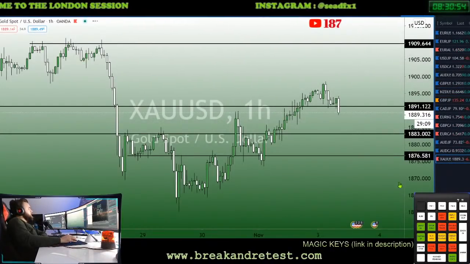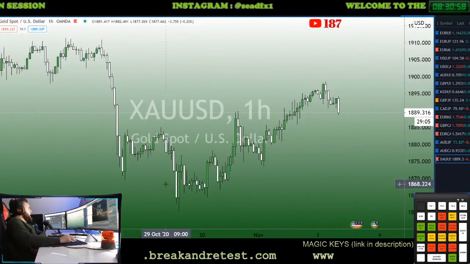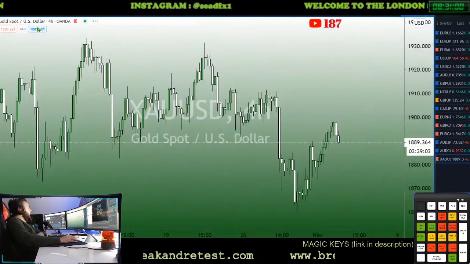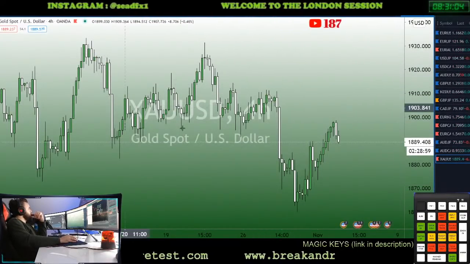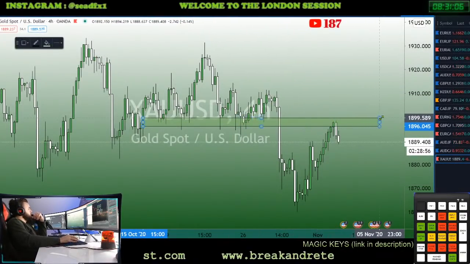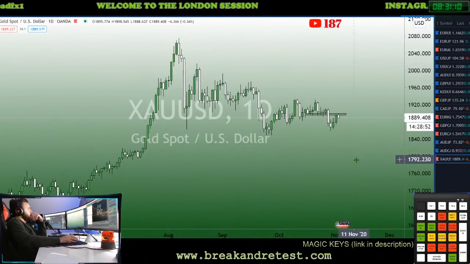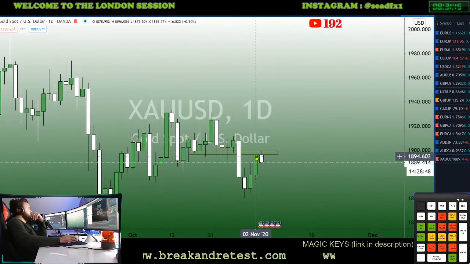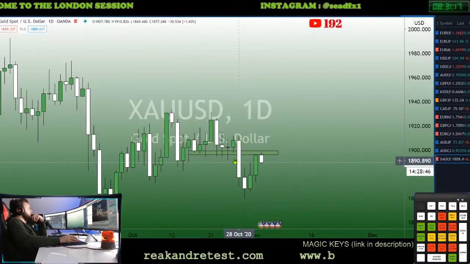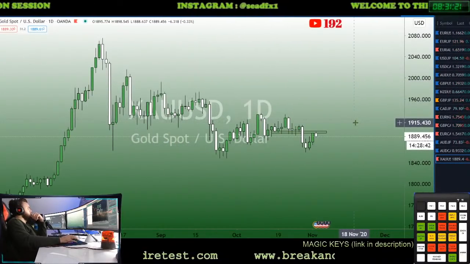I wonder what's gonna happen with gold, but who knows? Gold has a very strong resistance here, and as you can see, it got rejected. On the daily, it's the same thing. It got rejected, even though the previous one closed pretty strong. But this daily resistance is also pretty strong.